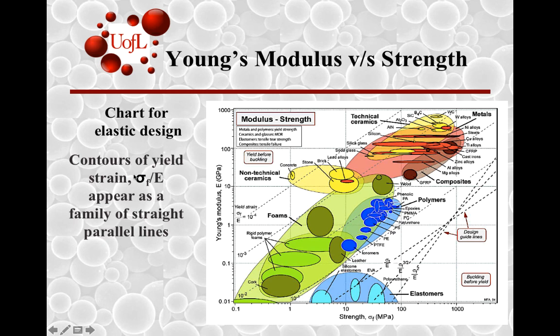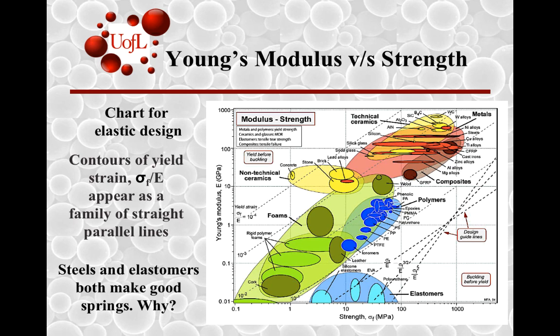So the contours of yield strain, sigma F over E, the slope over here, appear as a family of parallel straight lines. And you see there are different values of these slopes based on the design guidelines. We will delve into that to some extent as we go forward.